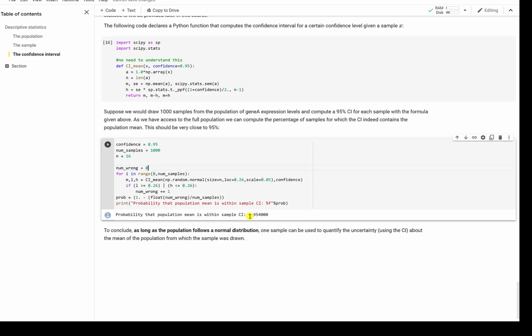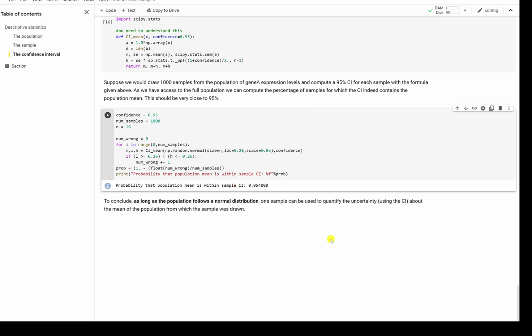So we expect to see 95% of the confidence intervals actually contain the true population mean, and we can see that it's indeed very close to 95%. So based on the assumptions that we made, the normal shape of the population, the assumptions seem to be correct if we simulate them, in this case for 1,000 randomly drawn samples from the same population.